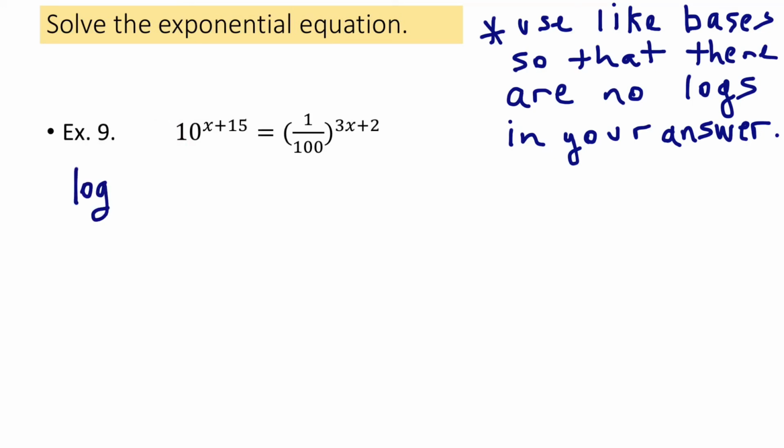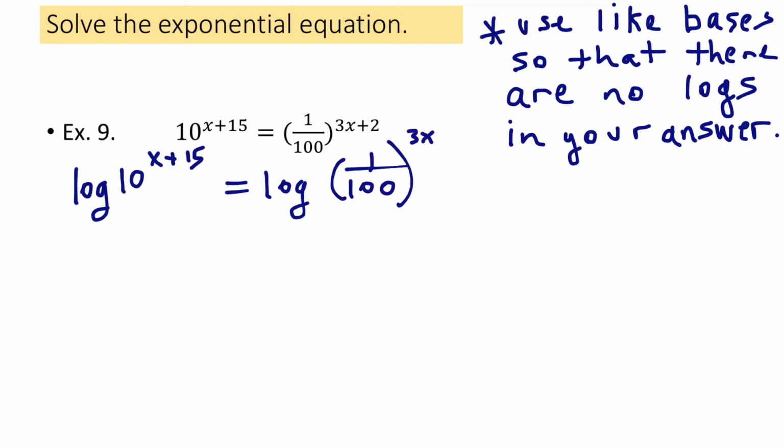And so we'll just call it log, because we understand when we say log that it is base 10, of 10 to the x plus 15 is equal to log base 10 of 1/100 to the 3x plus 2 power. All right, so since this is understood to be a 10 here, right off the bat we can cross this out. And we have x plus 15 on the left.